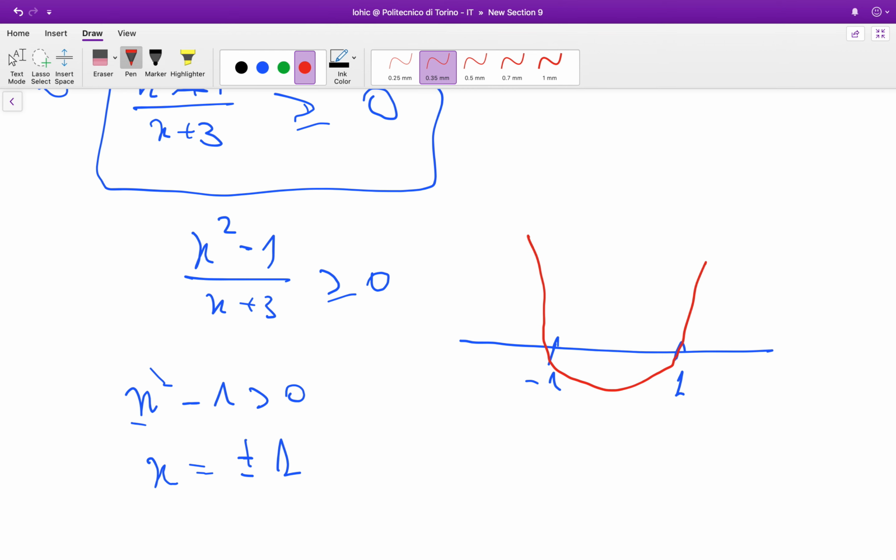From -infinity to +infinity, the parabola is positive here and also positive here. But in the middle, it's negative, right? You understood it? So here it is positive, in the middle negative, and then positive.